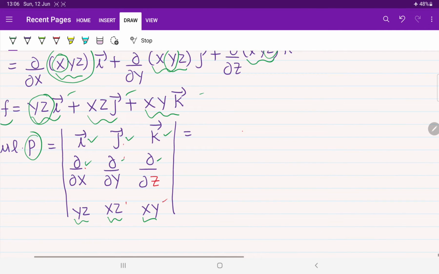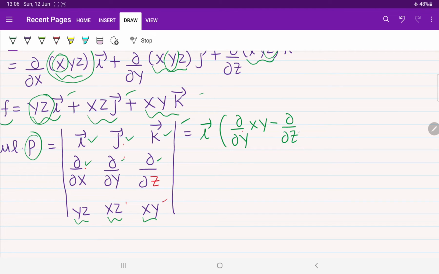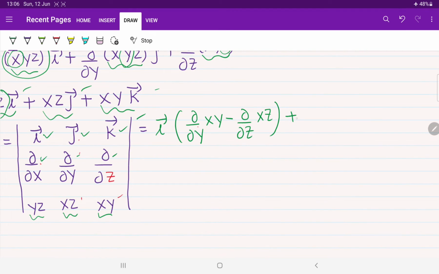Now what we have to do? Calculate the determinant of the overall function. Let us see: i vector in bracket, dou by dou y of xy minus dou by dou z of xz. First one is over. Similarly, the second one: not plus, it should be minus j vector.